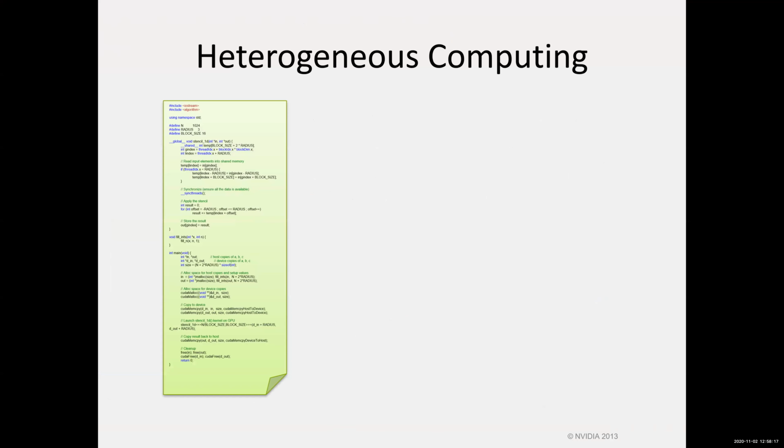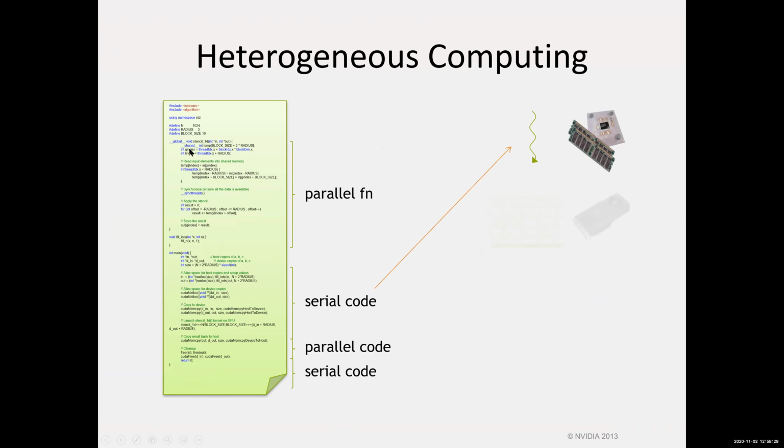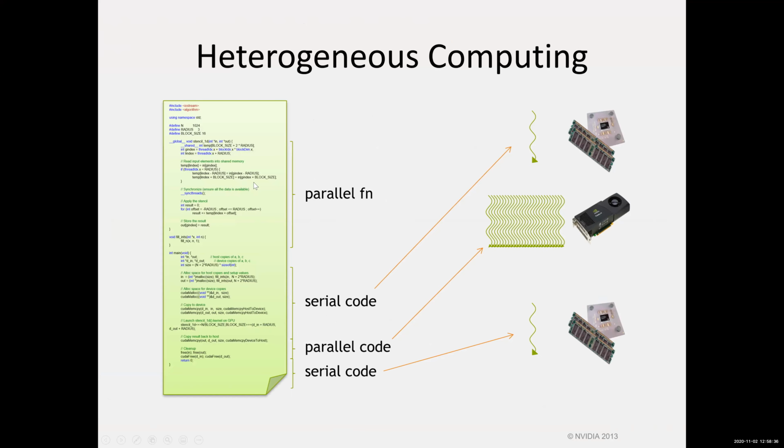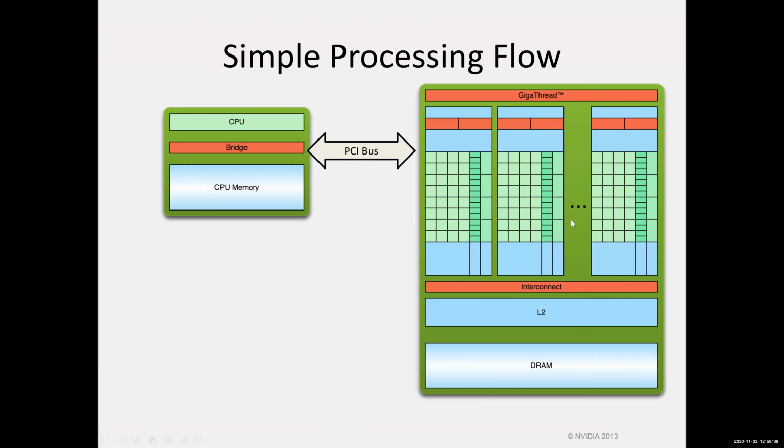You can then have your C code, and have your parallel code running on the GPU by calling GPU-specific functions. The host code runs on the CPU, and the parallel code runs on the GPU.